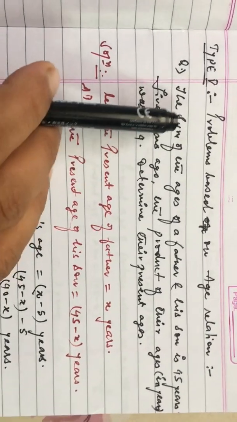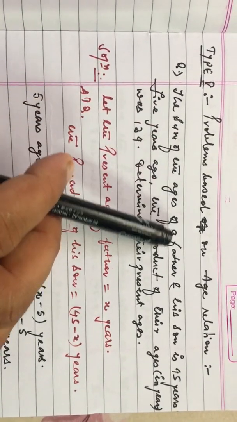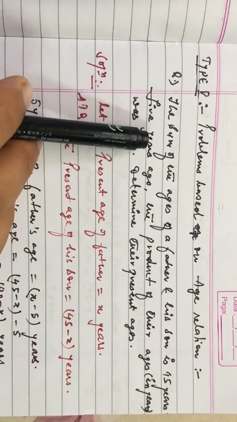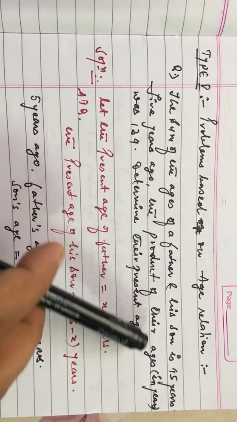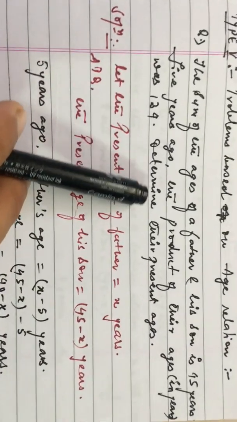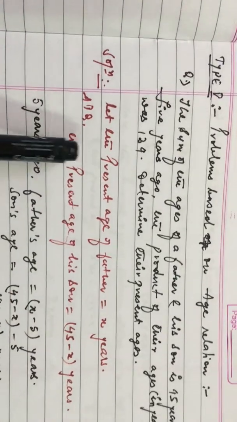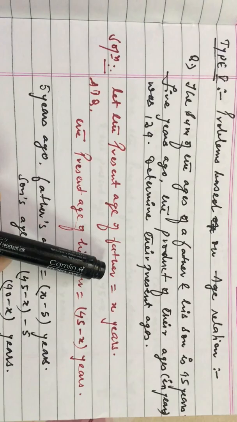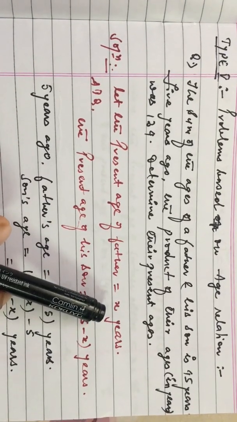Now see, the sum of the ages of a father and his son is 45 years. 5 years ago, the product of their ages in years was 124. Determine their present ages. Let the present age of the father be x years.